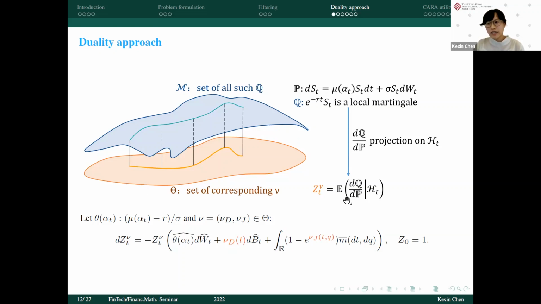So in our current setting, the set M is associated with a family of martingales given by this D_t^ν, which is defined via the process ν here in the following form. So corresponding to the M set here, we can also define the corresponding set that collects all the processes ν. And we refer to this D_t^ν as the projected state density process.